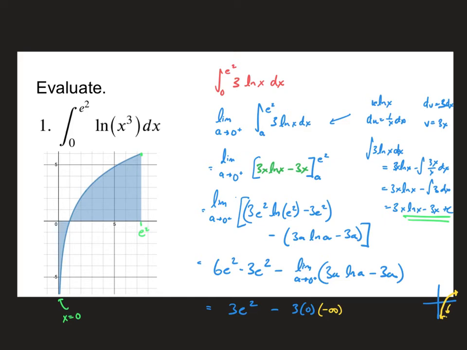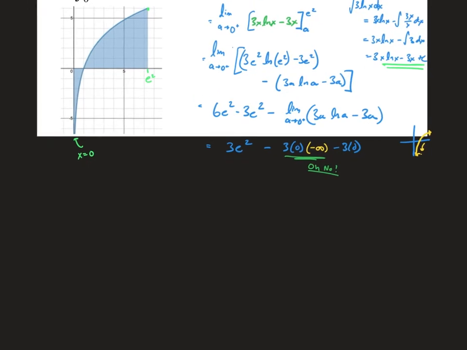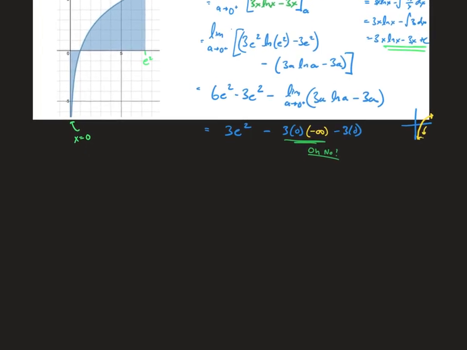And then I'd have minus 3 times 0. Oh, no, that's a problem. So what in the world am I going to end up doing there? Let's just look at the limit as a approaches 0 from the right-hand side of just this 3a natural log a.